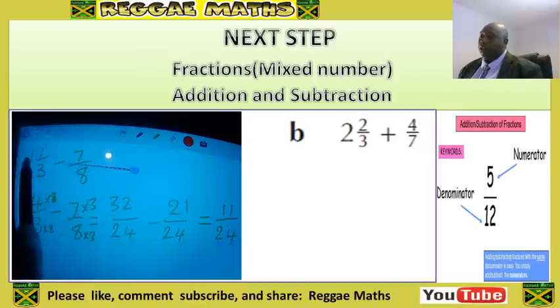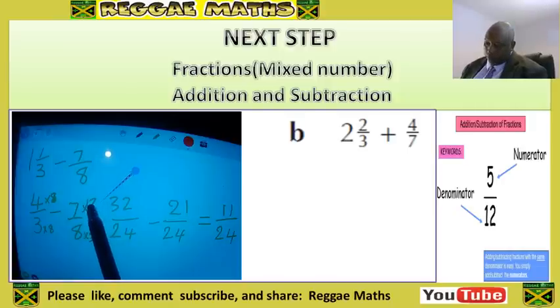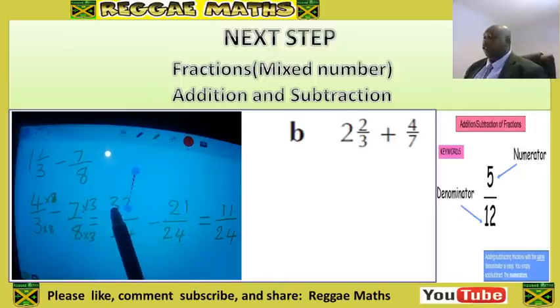So I do 3 times 1 is 3, plus 1 is 4/3, take away 7/8. Then I work out the lowest common denominator of 3 and 8 is 24. So 24, so what did I do? 3 times 8 is 24, 4 times 8 is 32, 3 times 8 is 24, 3 times 7 is 21, and then I take away 21 from 32, I get 11/24.